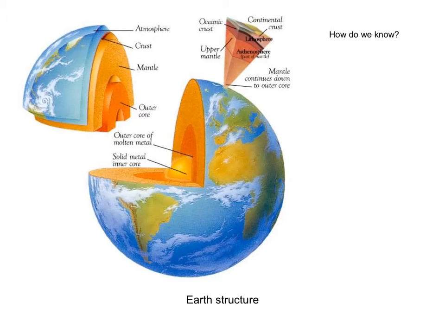Okay, so the core is primarily iron, nickel, various compounds of metals with sulfur. We don't find lighter minerals like silicates and so forth in the core. Those have risen up to the top in the mantle and in the crust.